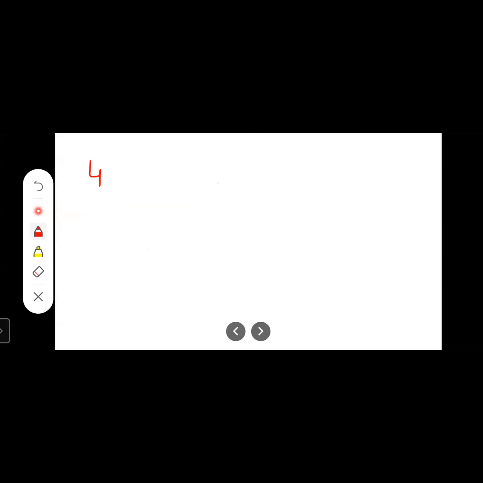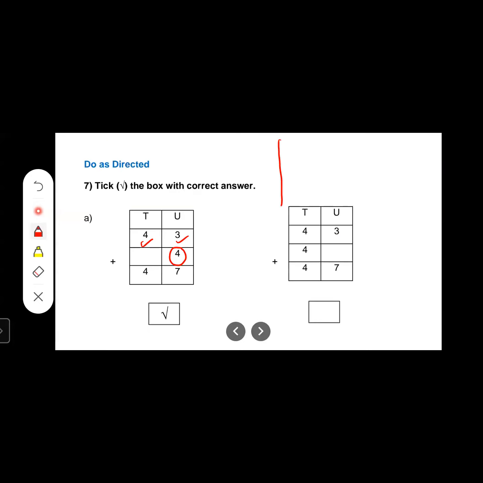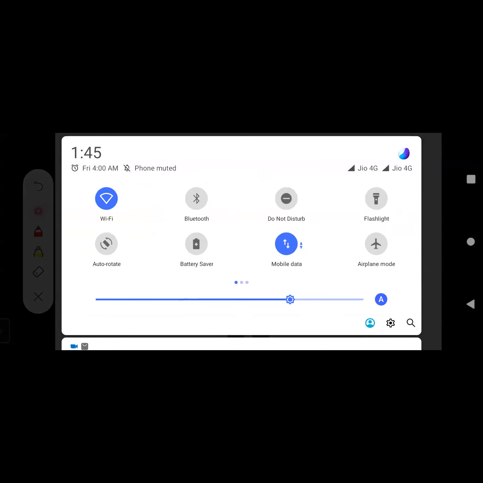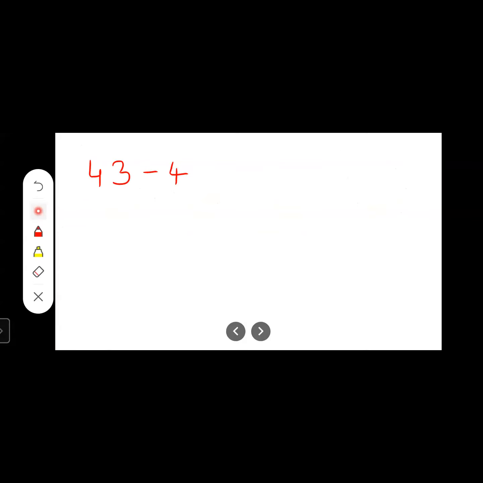What was the question? 43 plus 4. Here there is a 2-digit number. What is the meaning of 2-digit number? 2-digit number means two numbers are there, right? 4, 3. 2-digit. And this is a single digit number. Single digit number means one number.